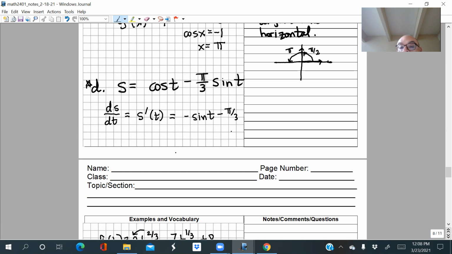Right. Okay. It's cosine. So altogether here, you would have minus sine of t minus pi over 3 times cosine of t. Don't forget the t though. You have to have the t in there. So there it is. It's just that easy.